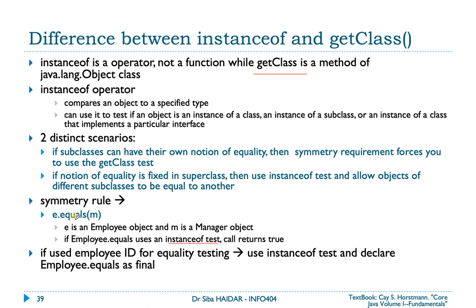One will generate a class cast exception and the other will give either a true or false answer. So, for example, if you use the employee ID for equality testing, and this will be true for all the hierarchy of the employee, then use the instanceof test and declare Employee.equals to be final.